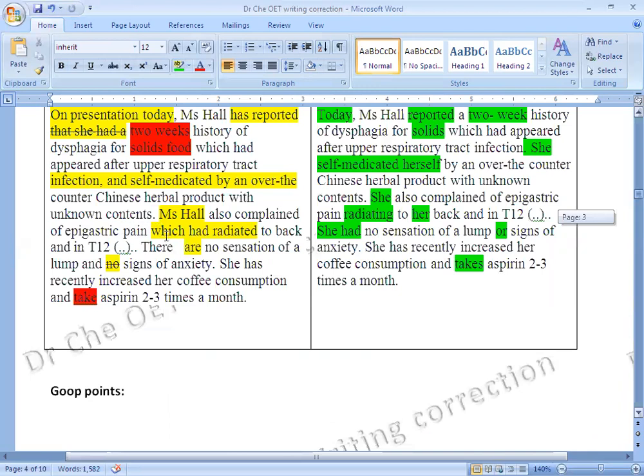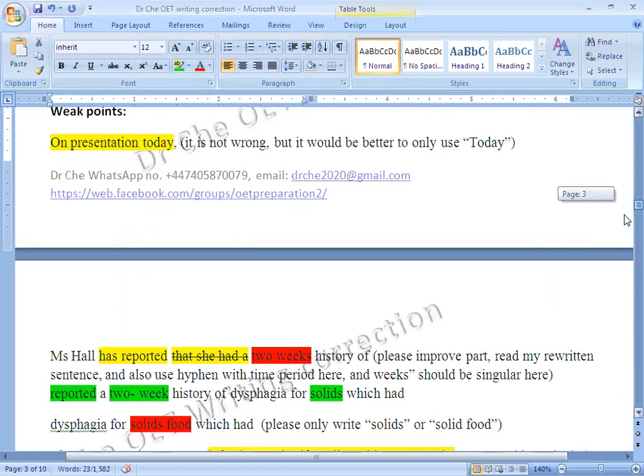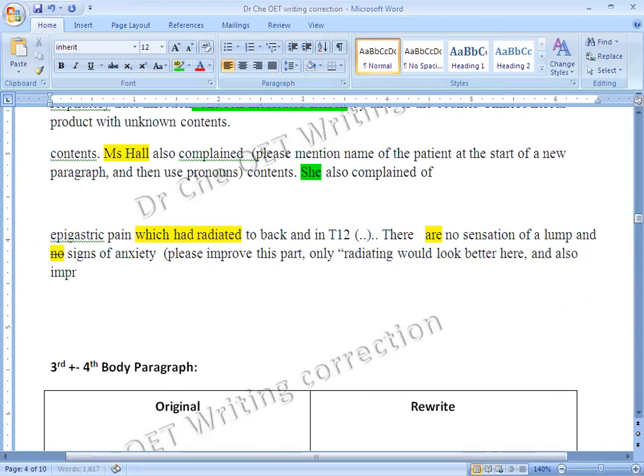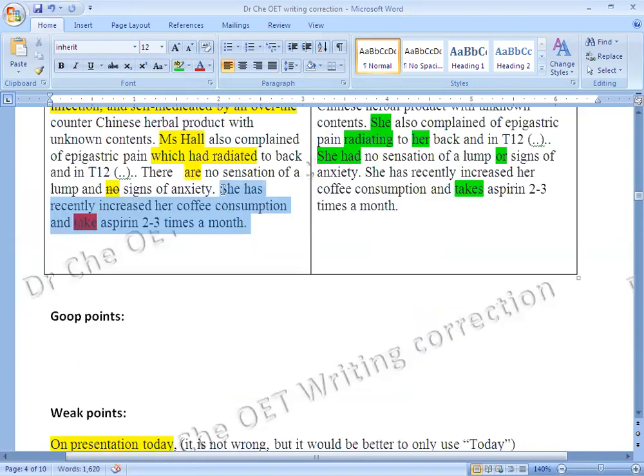Then this part: only radiating would look better here, and also improve the second sentence a little bit. At the end, what is this mistake called? Subject verb agreement error.